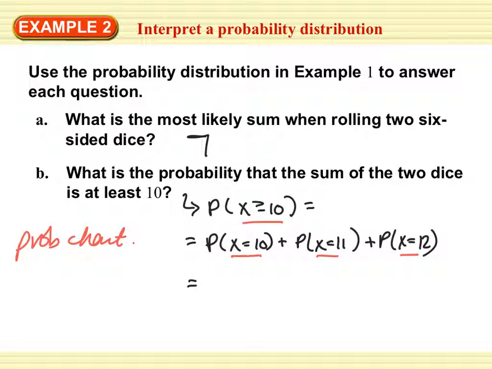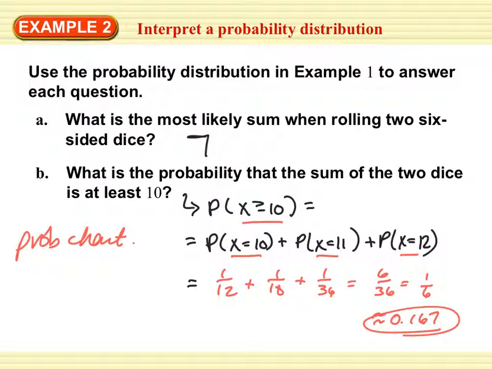So 10 was 1/12, 11 was 1/18, and 12 was 1/36. I add all of those together, and I get 6 over 36, which reduces to 1/6, which the decimals are just more useful in my mind. That's your probability the sum of the 2 dice is at least 10.